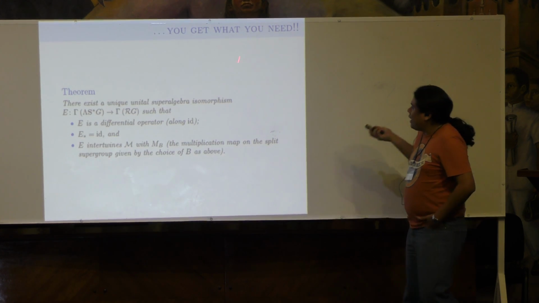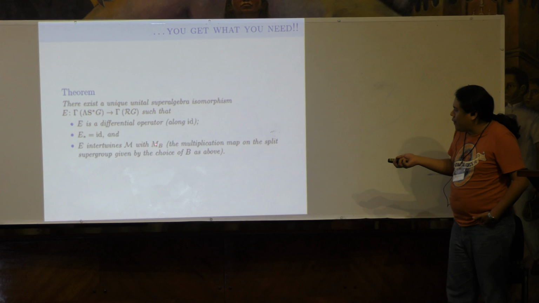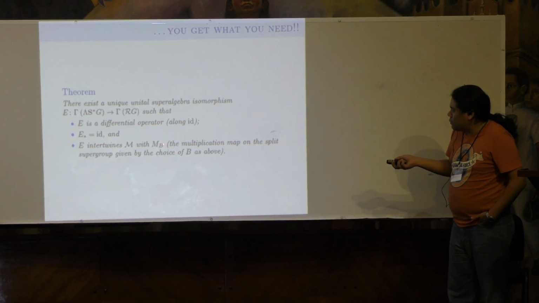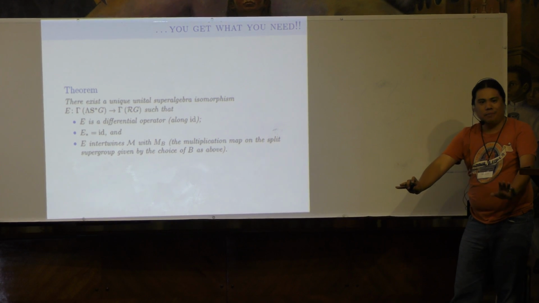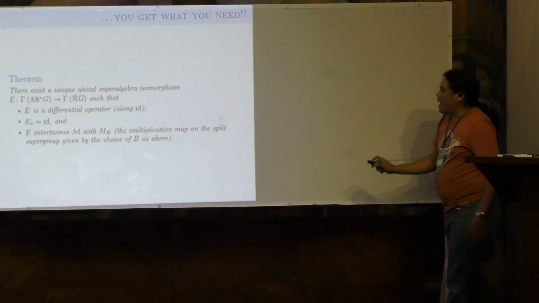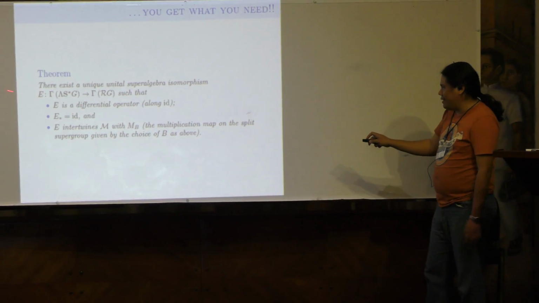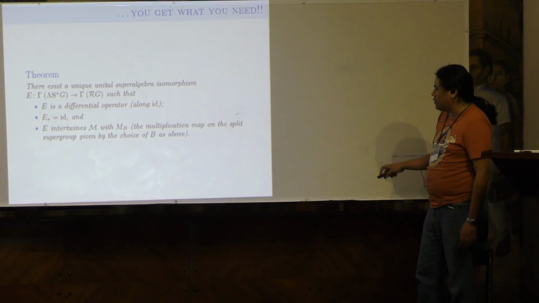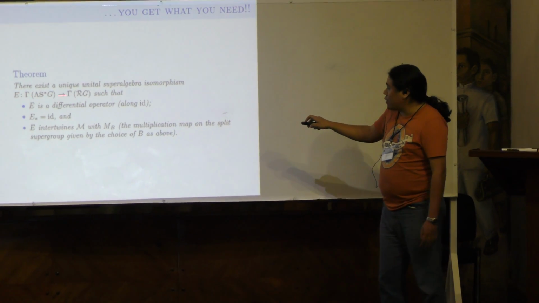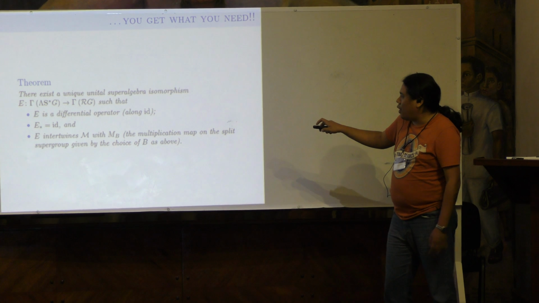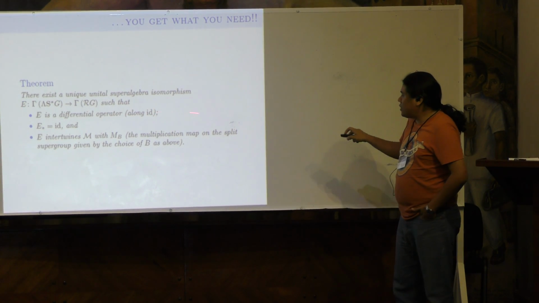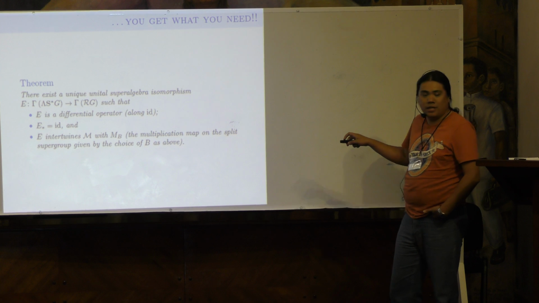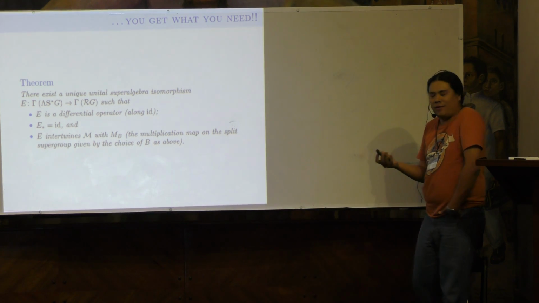We can define on the split Lie supergroup a new multiplication that is not a bundle map, but nevertheless is well defined. And we get, well, this turned out to be quite difficult to construct, but we get a differential operator over the identity of the Lie group that intertwines the two multiplications. And that's a very good thing.